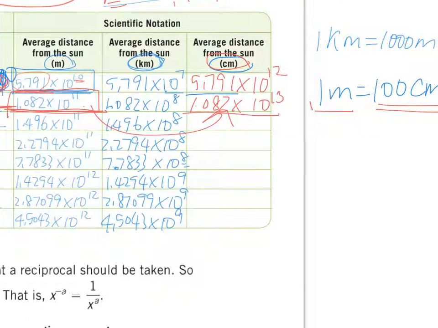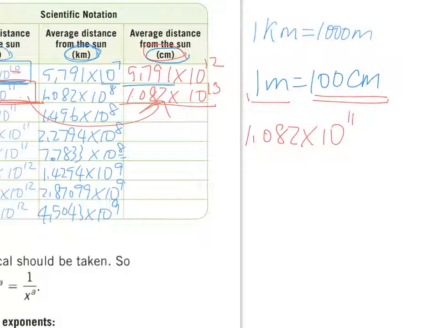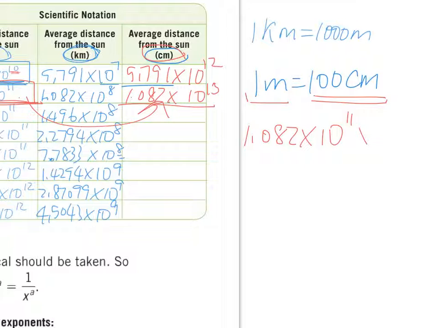So if you multiply 1.082 times 10 to the 11th, this is a number. I said if I multiply this by 100, which is 10 to the second, look what it becomes. It becomes 10 to the 13th. So what would you do between 11 and 2 to generate 13? You add them together.